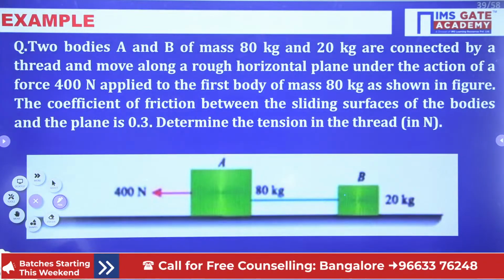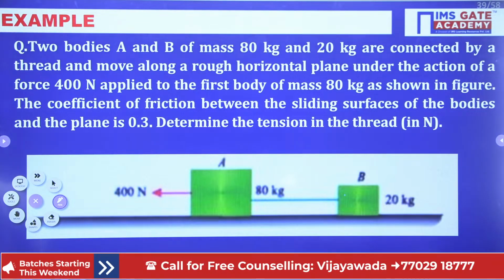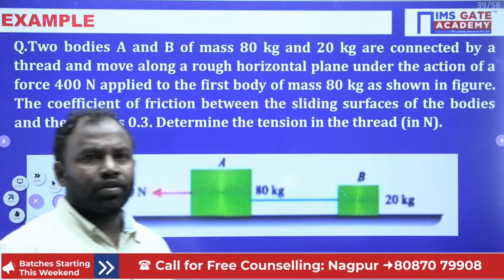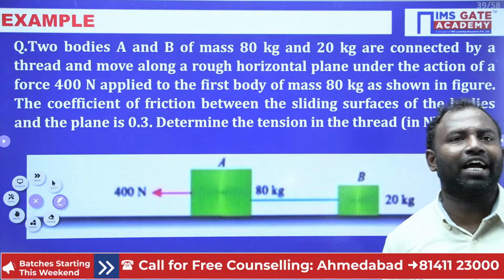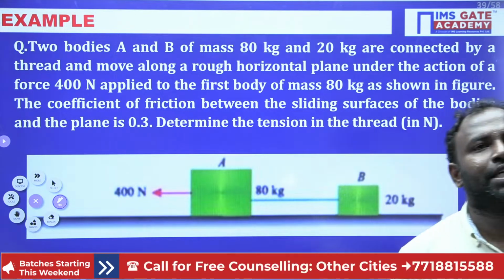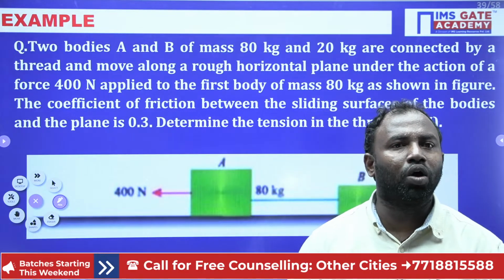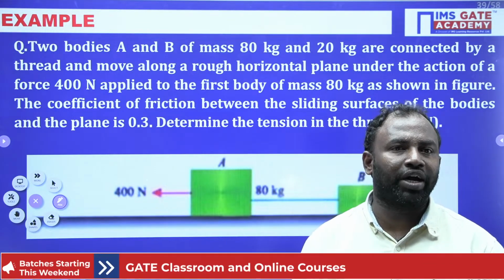Have a look at this problem, guys. Two bodies A and B of mass 80 kg and 20 kg are connected by a thread and move along a rough horizontal plane under the action of a force of 400 newtons.